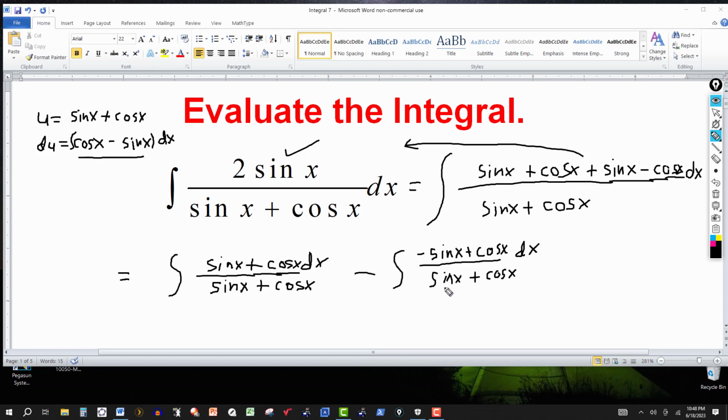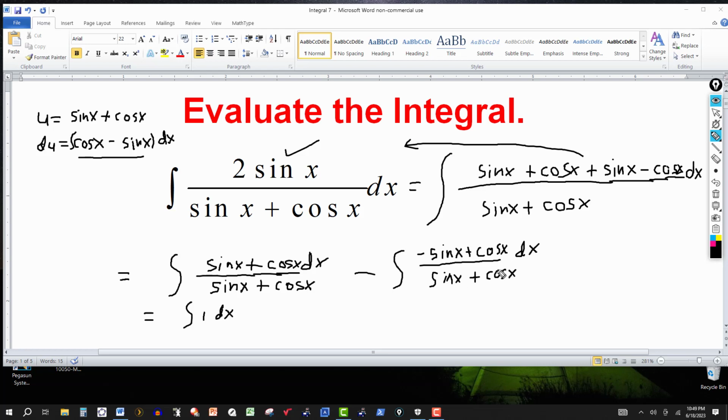So now for this one here, this just cancels out. This will be the integral of 1 dx, which is just going to be x when we take the integral of that.